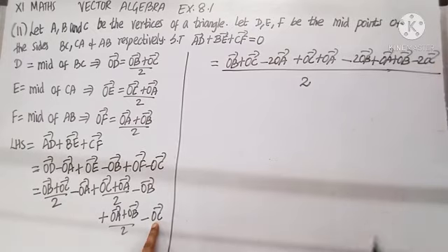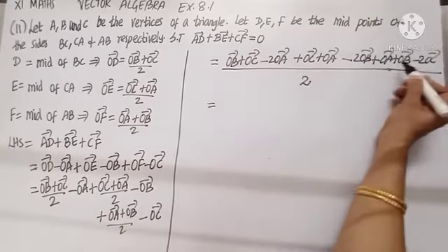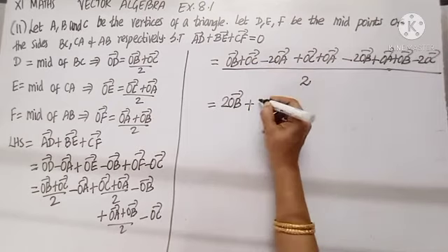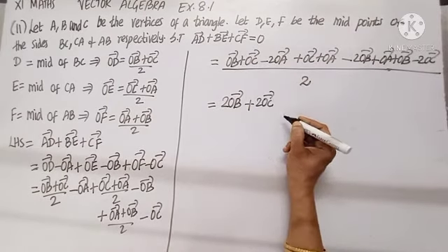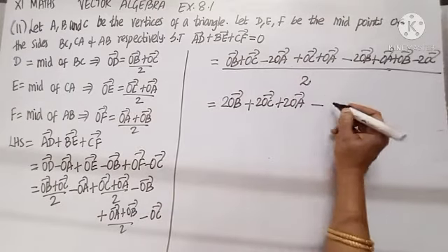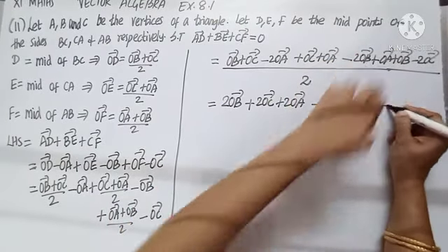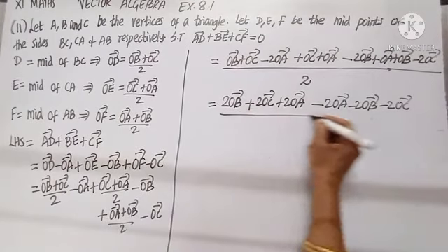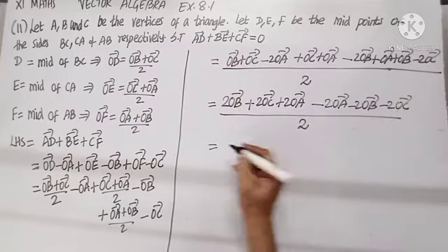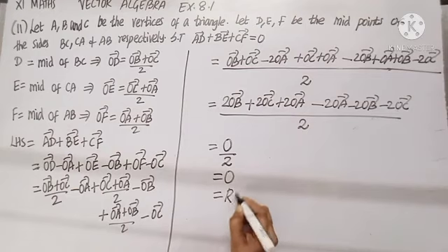Now as I check, OB plus OB, 2OB vector. OC plus OC, 2OC vector. OA plus OA, 2OA vector. The remaining minus 2OA, minus 2OB, minus 2OC. The whole thing divided by 2 and the terms get cancelled. We arrive at 0 by 2, that is 0, which is the RHS.